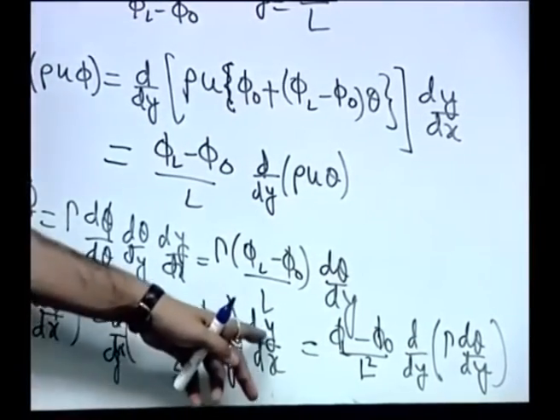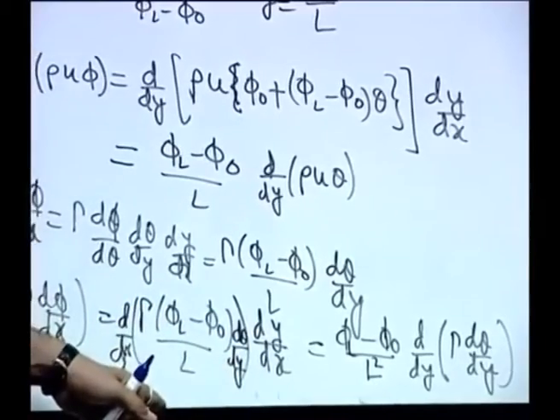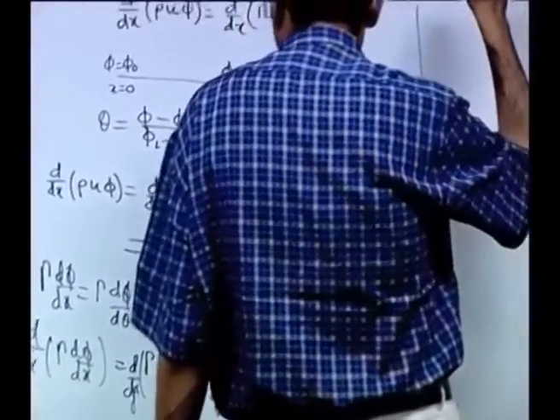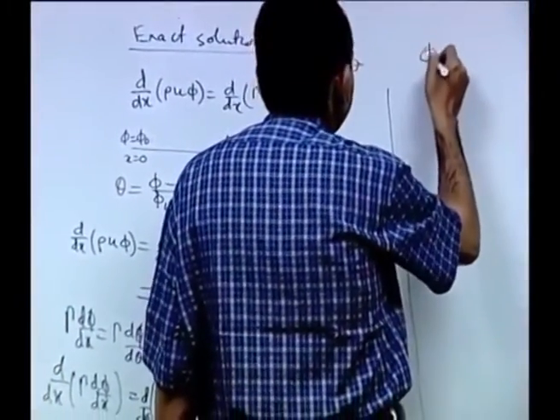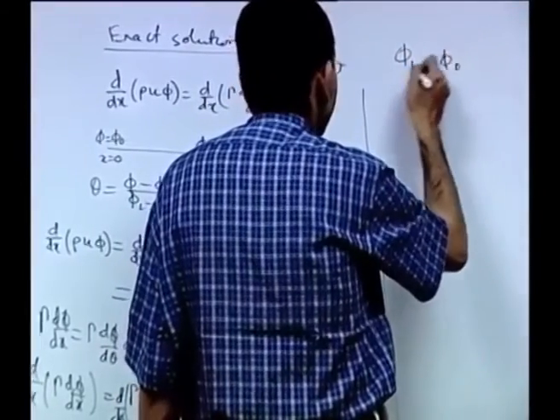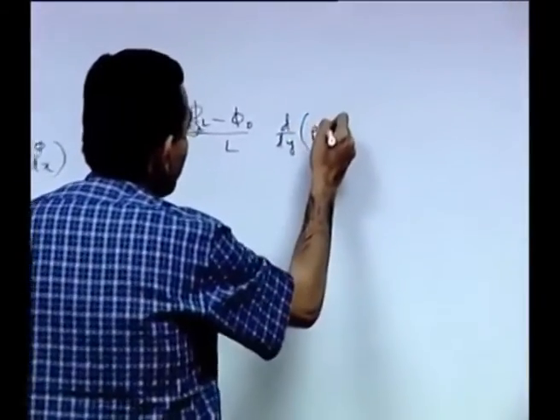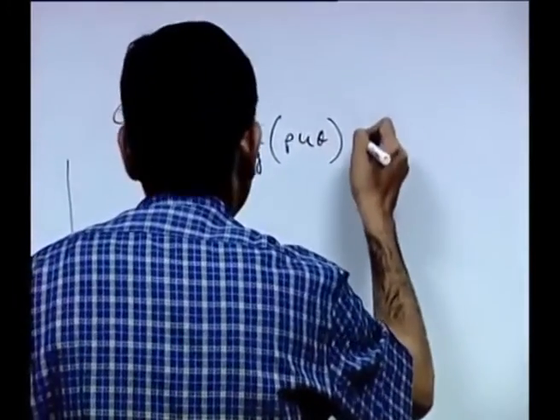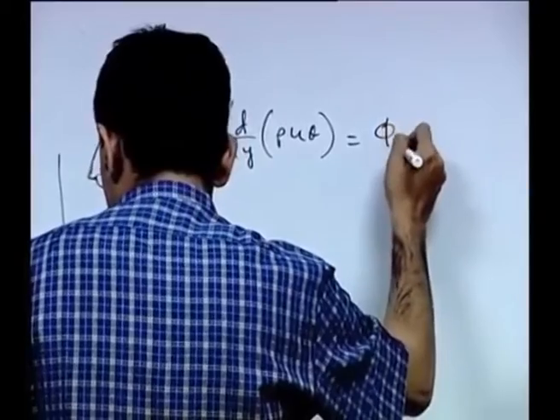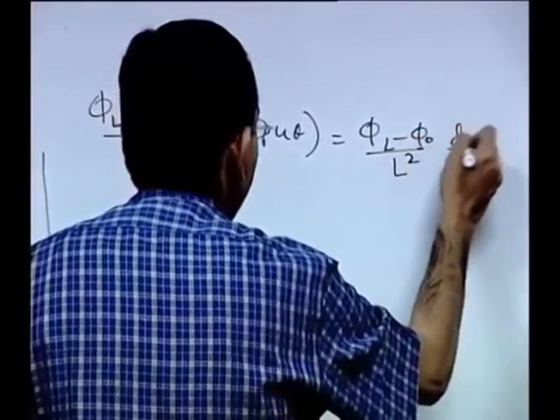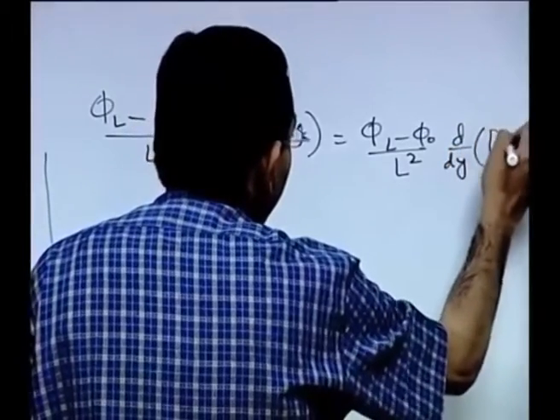There is another 1 by L because dy/dx is 1 by L. So, (phi L minus phi 0) by L into d/dy of rho u theta is equal to (phi L minus phi 0) by L square into d/dy of gamma d theta/dy.